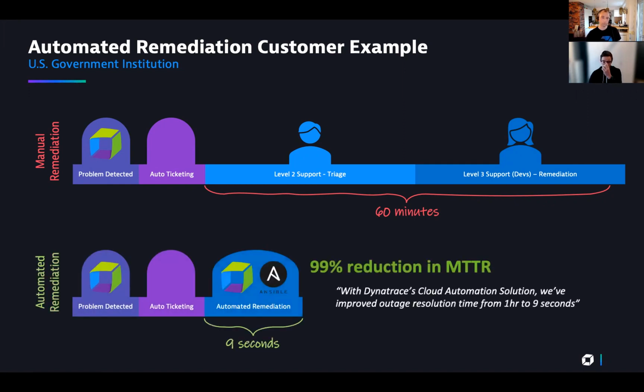We now do that in about 9 seconds. So once the ticket is created, they can automatically launch a workflow within Ansible to reduce the mean time to repair as much as possible.